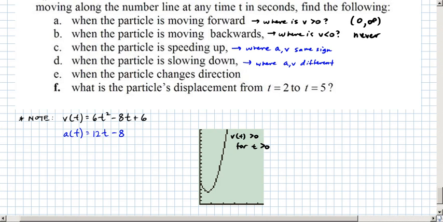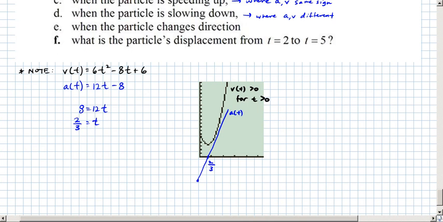Okay, so the next question, C and D. When's it speeding up? It's where the acceleration and velocity have the same sign, and it's slowing down where acceleration and velocity are different signs. So here's a quick sketch of the acceleration function. I just went ahead and graphed it right on top of the one that I have. And basically, if you look at x equals 2/3, on the left side of that, velocity is positive, acceleration is negative, and on the right side they're both positive.